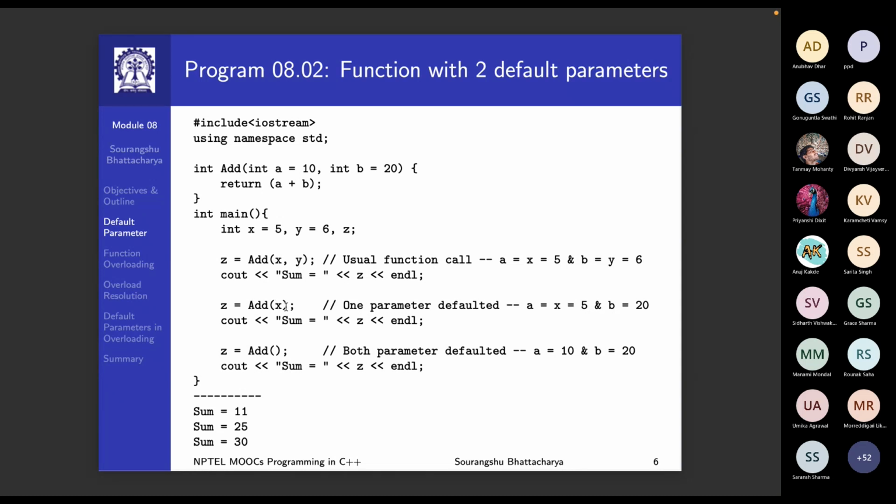But you are also creating add(x) and add(), which are defined as though add(int a) uses 10, and here, instead of b, you just write 20. So that is a very simple way of looking at it, without going into the implementation details.